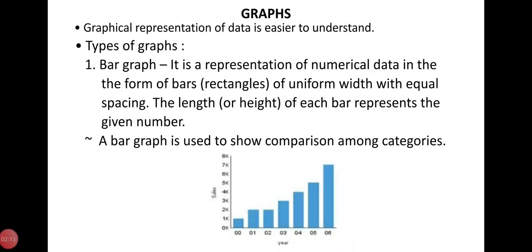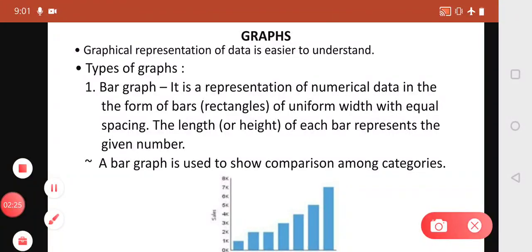You can see here the bar graph shown in the figure. The numerical data is represented in the form of bars, or you can say rectangles. You can see that the width, the broadness of each bar, is uniform, the same, and the space between each bar is also equal.